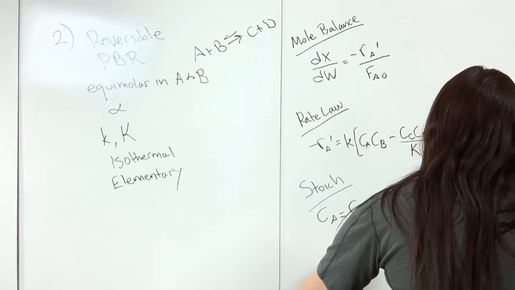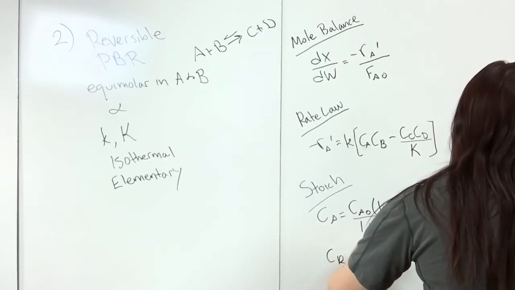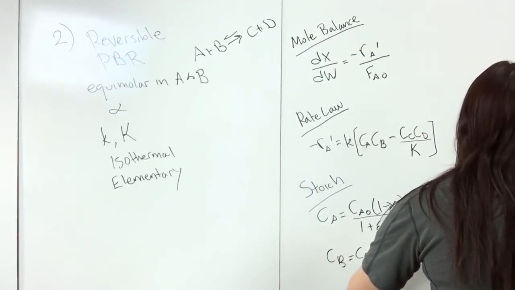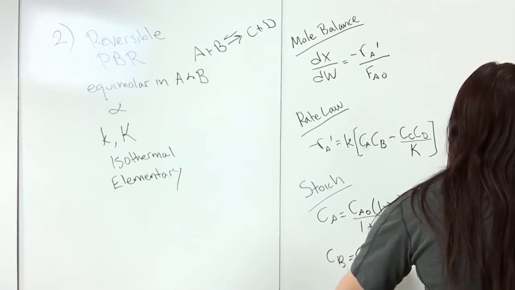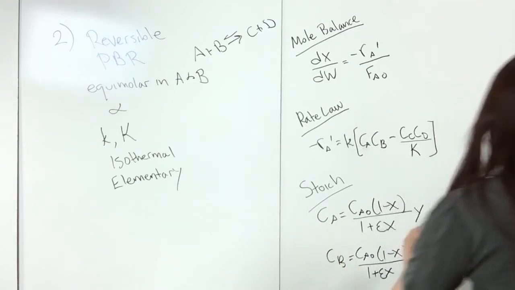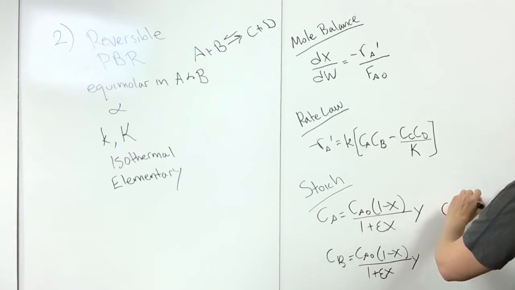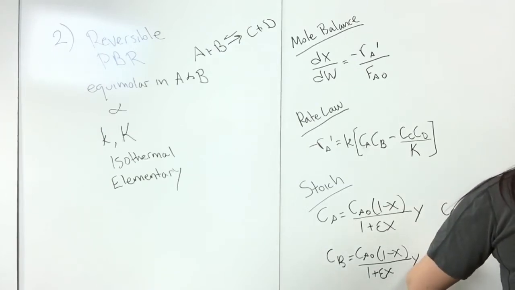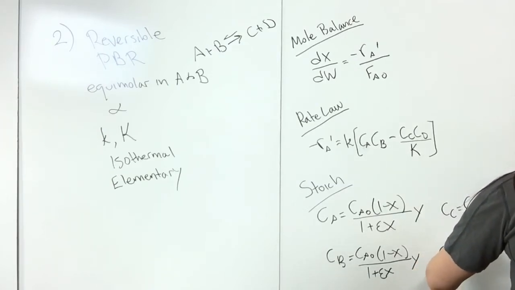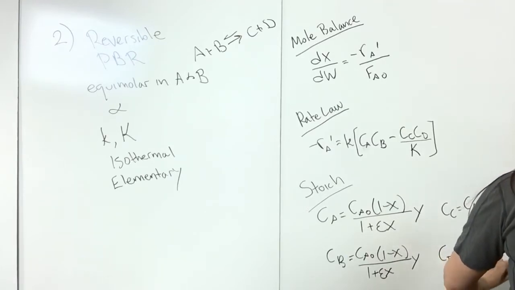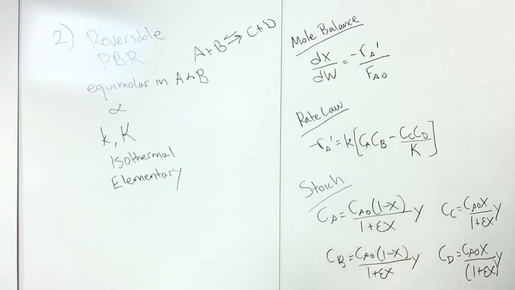So CB is equal to CA naught (1 minus X) over (1 plus epsilon X) times Y. CC is equal to CA naught X over (1 plus epsilon X) times Y. And CD is equal to CA naught X over (1 plus epsilon X) times Y. So you should be able to just write this stuff down.